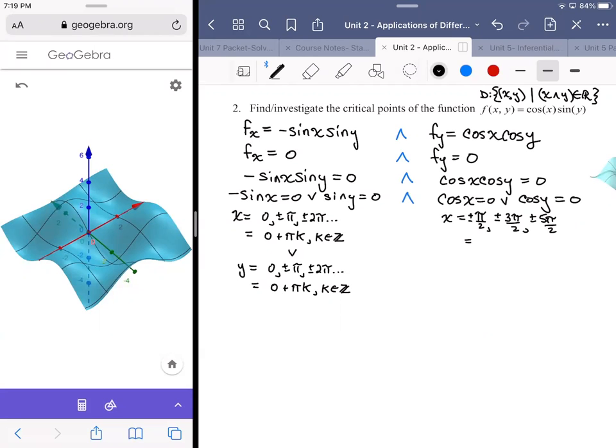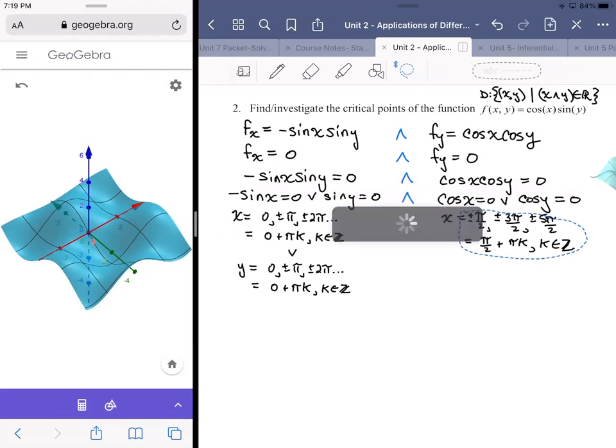And then that would generalize to pi over 2 plus pi k, where you use whatever variable you want, but it would belong to the set of integers. All right, and so same idea for y, because it's still the cosine function.